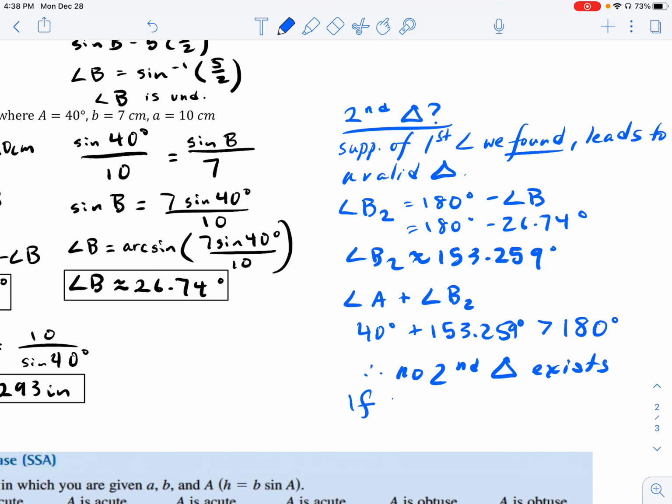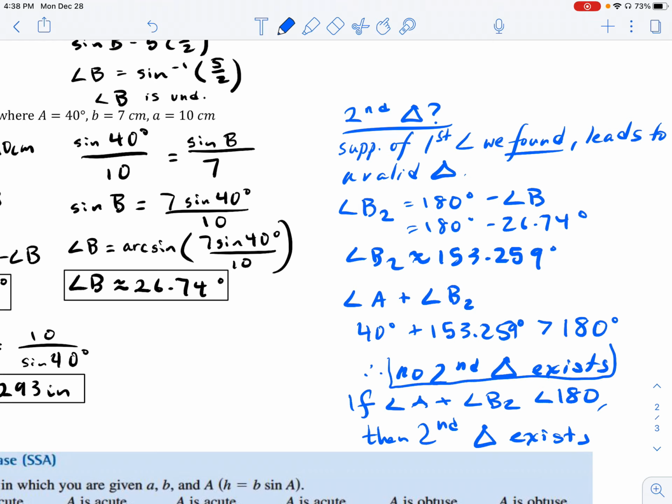If angle A plus angle B sub 2 were less than 180, then a second triangle exists. But because the sum of these angles is greater than 180, we can say that no second triangle exists, and I'll box that, okay?